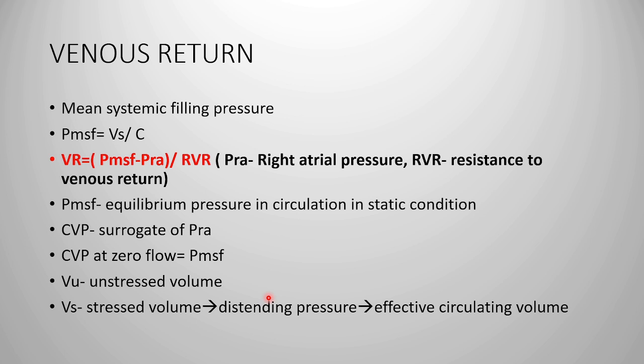That will increase the tone of the venous side, so some of the unstressed volume would be converted into stressed volume, and you can augment venous return in that way also, without causing the harm related to fluids.